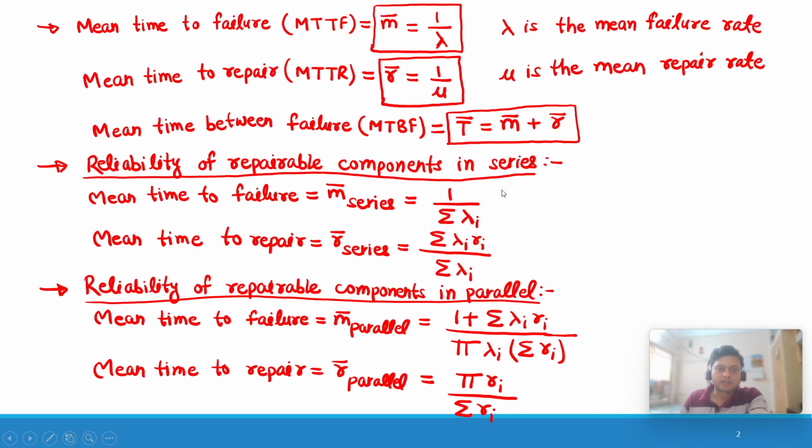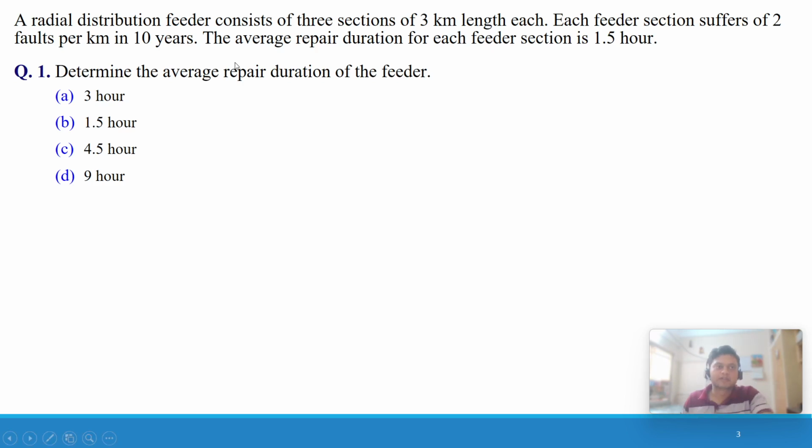Now let us start to solve the first problem of today's session. This is common data for problems first to third.